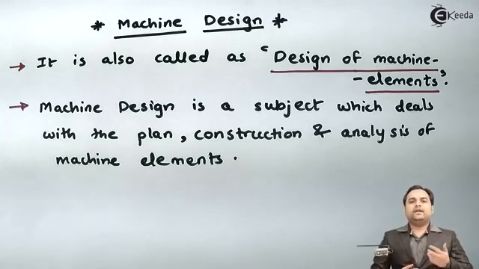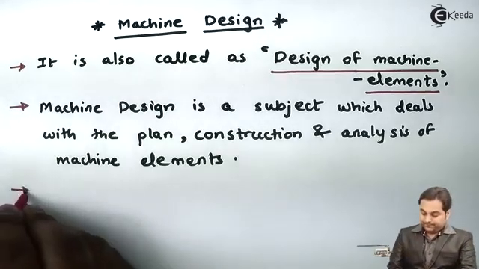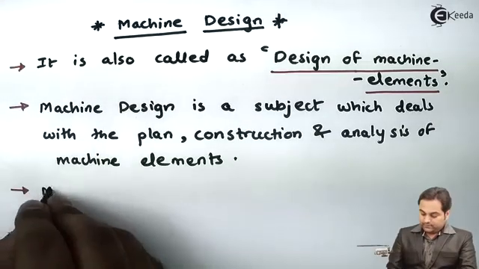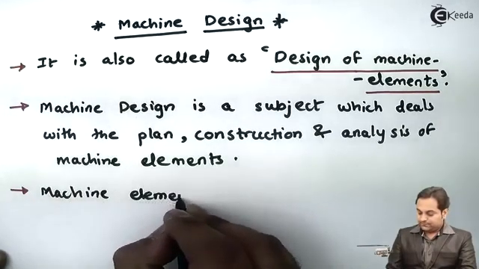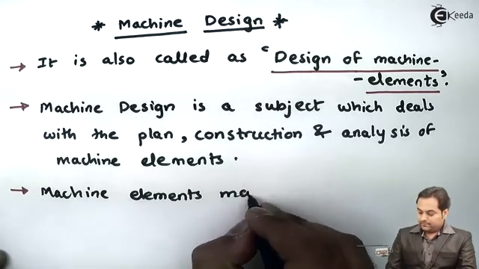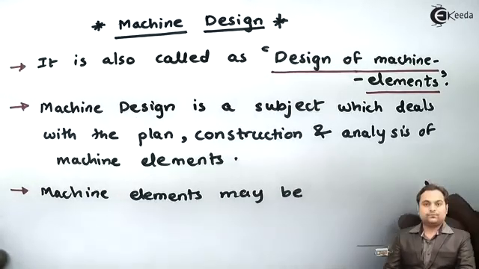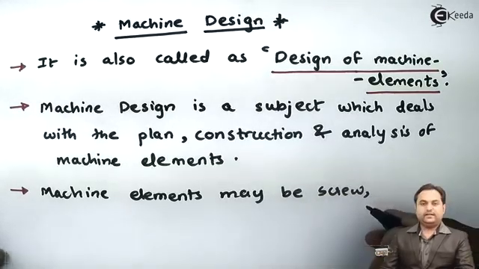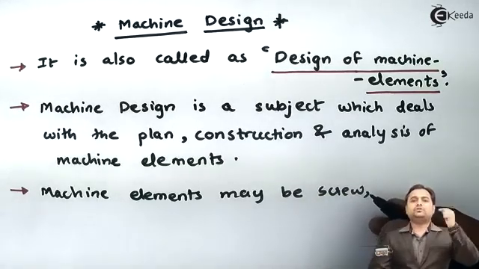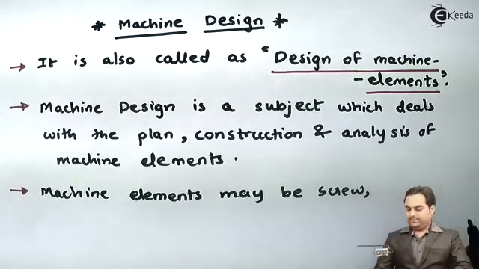Machine elements can be anything. If I give you examples, machine elements may be a screw, like a small screw, that is also considered a machine element.